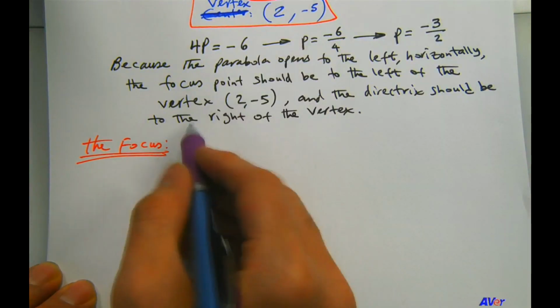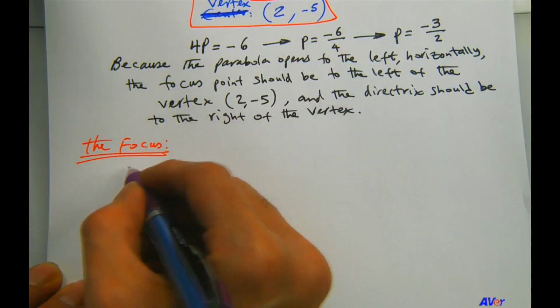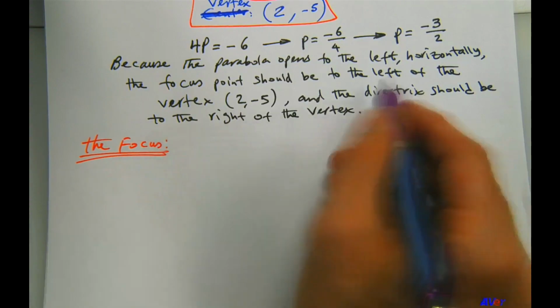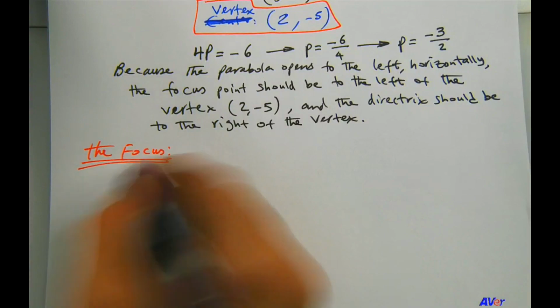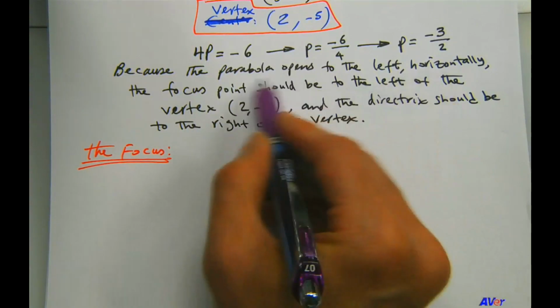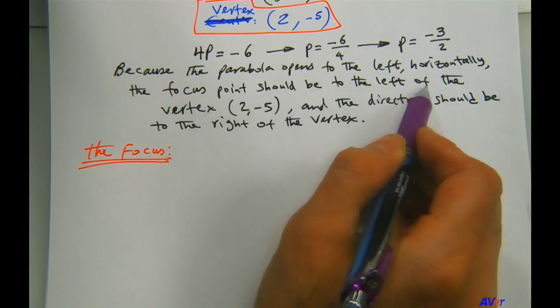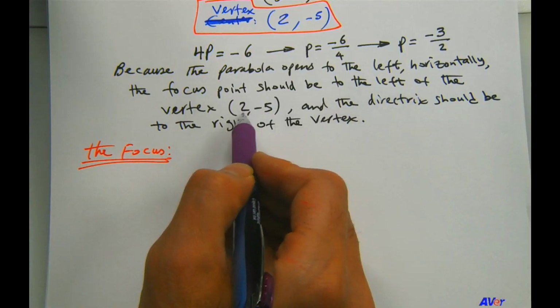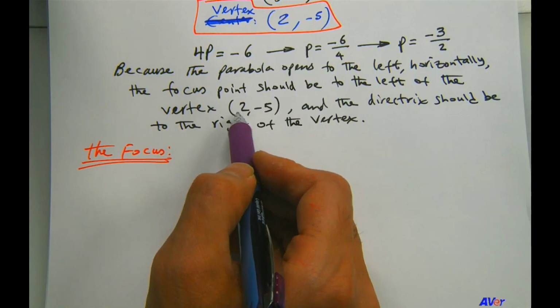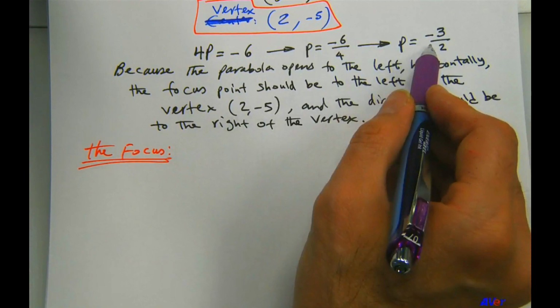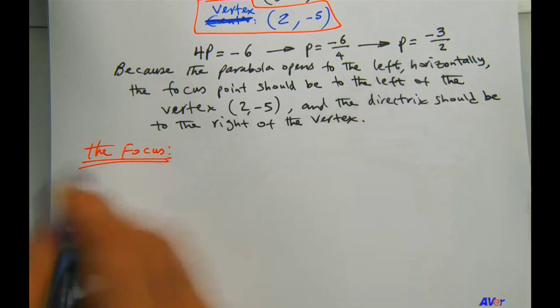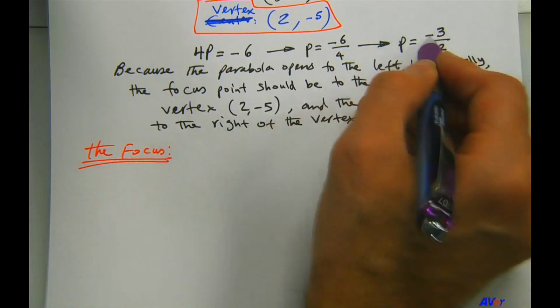So the focus will be, based on what I just wrote, to the left of this vertex. To the left of this, that means 2 minus, or 2 plus that. So the minus will take care of that.